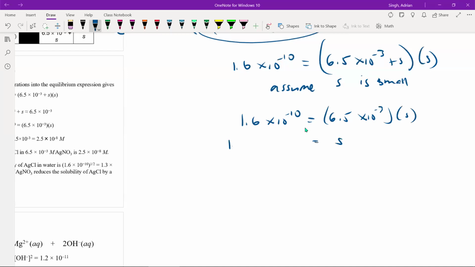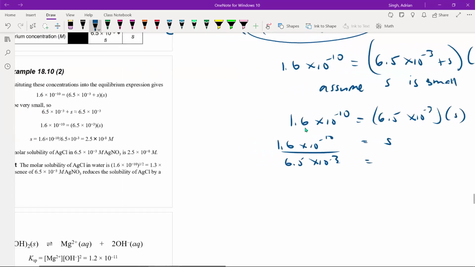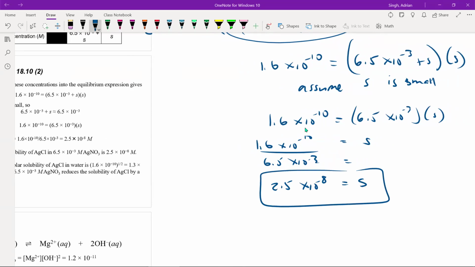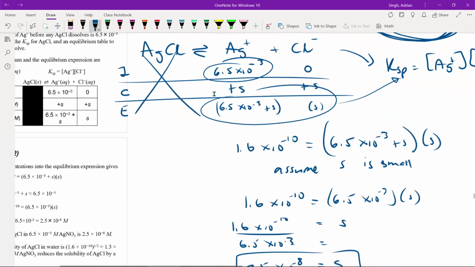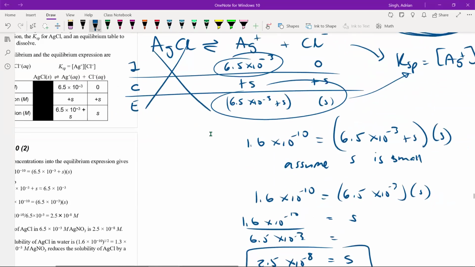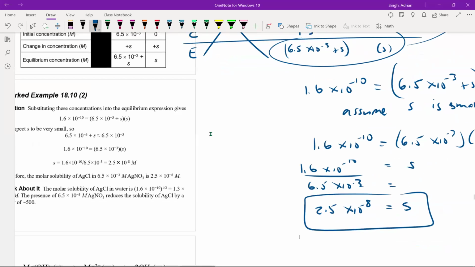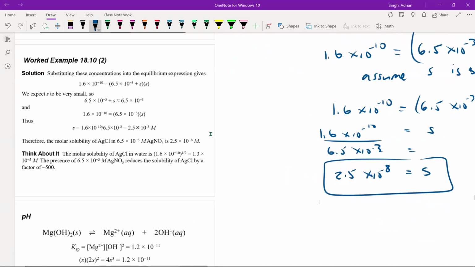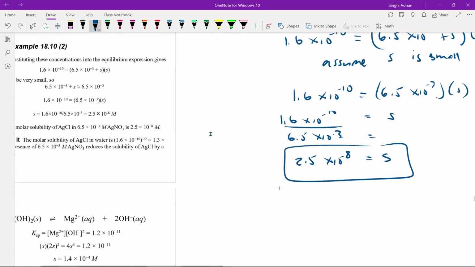So then S would be, we solve for S. Do a little bit of math on this, and this ends up being 2.5 times 10 to the minus 8. And that's what we get for S. S is the concentration of the chloride ion in solution, and it's also the molar solubility of the AgCl in that silver nitrate solution, right?